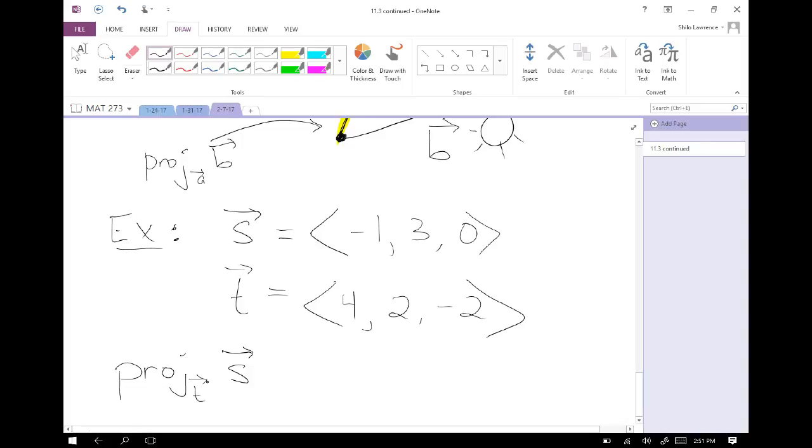S or T? T. Because we can think of it as taking the vector T and turning it into a unit vector. So whatever we're going onto, that's the one in the denominator with the magnitude squared, and it's also the one out to the side that we're doing the scalar multiple of.